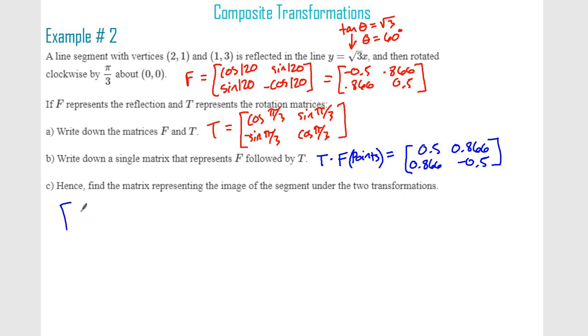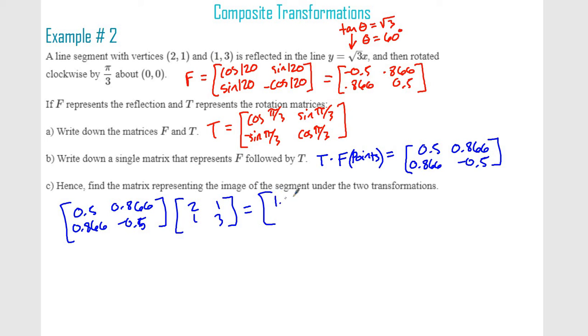So that's where you literally take that matrix and multiply it by your points, 2, 1, 1, 3, and you get new points: 1.866, 1.232, 3.098, negative 0.634. Well, that's the final answer. It's asking for the matrix, not in coordinates, so you leave it like that.